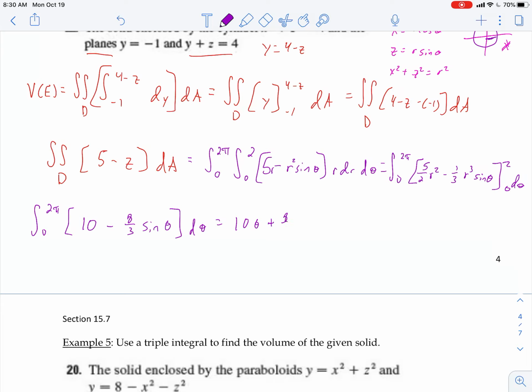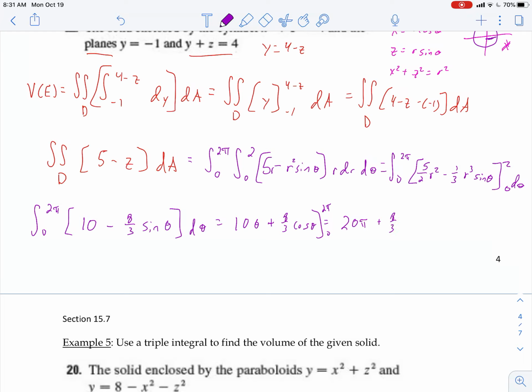All right, now let's integrate with respect to theta. So we're going to go ahead and have 10 theta plus 8/3 cosine theta. Now let's go ahead and plug in for theta, which is going to be plug in 2 pi.